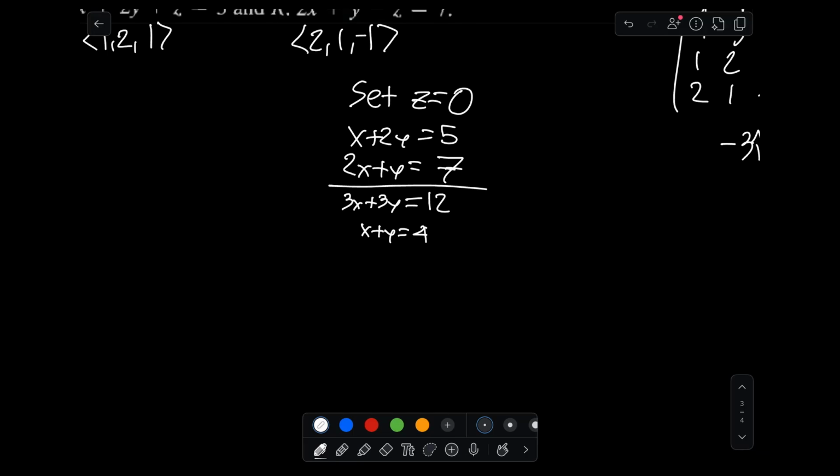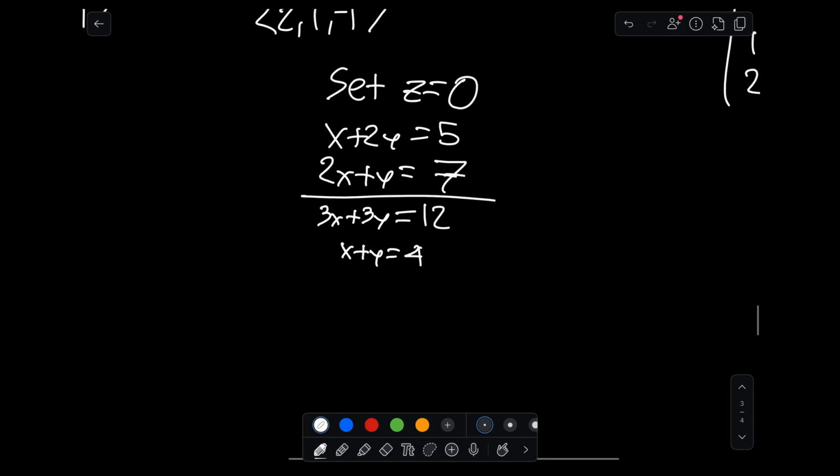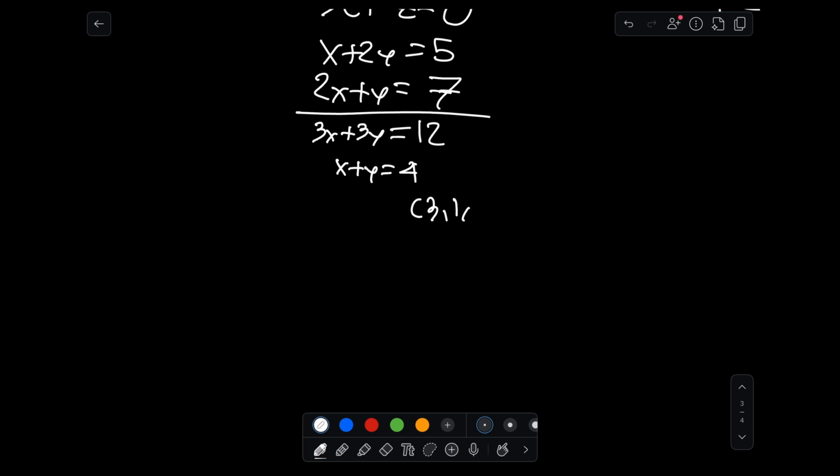So we can say that it could be like 2, 2, 3, 1, and so on and so forth. But in this case, choosing 3, 1, I think might be the easiest. And if you want to just solve for it, go right ahead. I mean, 3, 1, 0 does work.